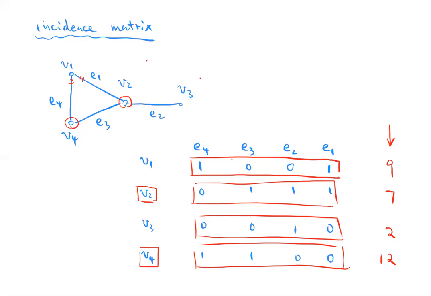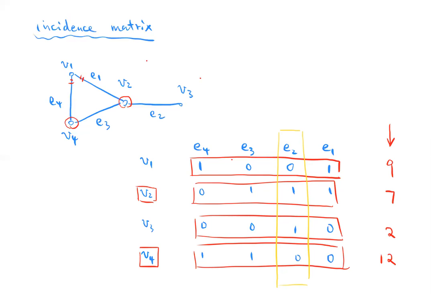Now, if you look at a column, what can we say about every column? How come this one, maybe I made a mistake. Why do I happen to have every edge covered exactly twice?